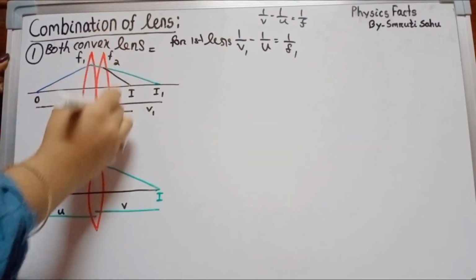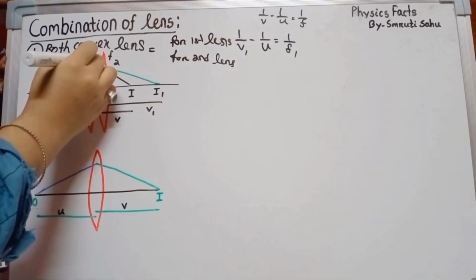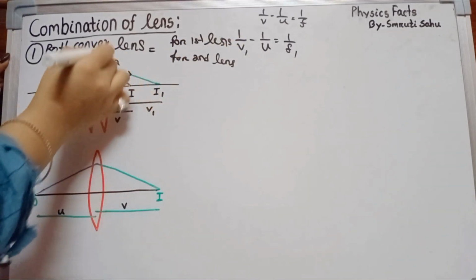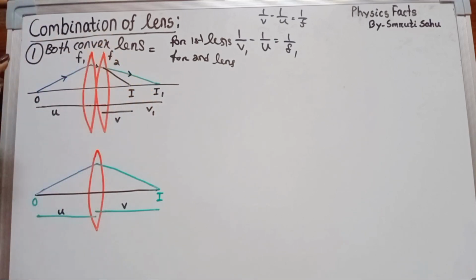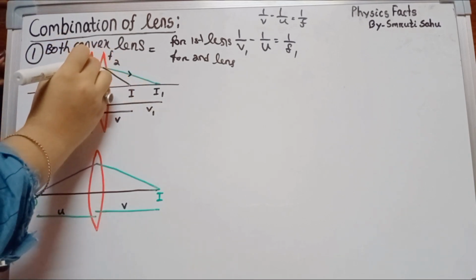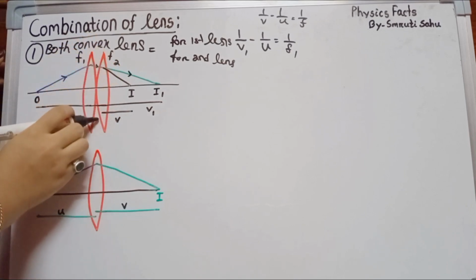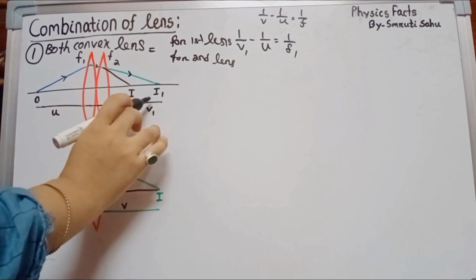Then for the first lens, this one is the refracted ray. But for the second lens, this refracted ray is the incident ray. Yes, this one is the refracted ray for the first lens. But this refracted ray is the incident ray for this second lens. So what is the object distance? This v1 is the object distance.